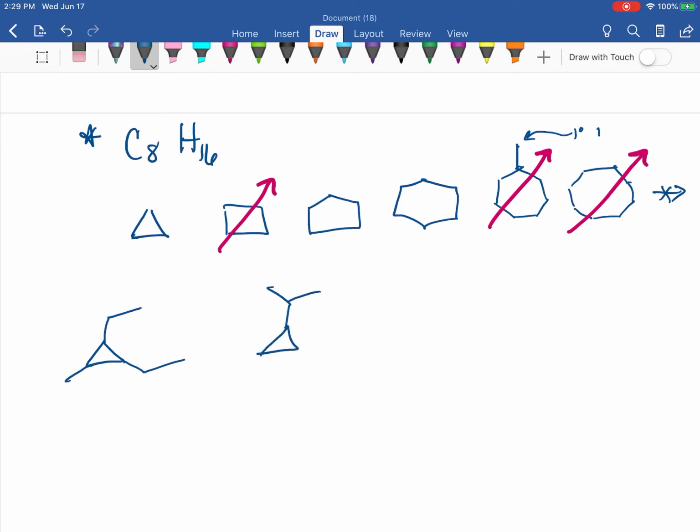What about something like this? There's 6, 7, 8. Okay. What about with a 5-membered ring? I've got 5, 6, 7, 8. How about 5, 6, 7, 8? There's just all kinds of isomers that we can draw.